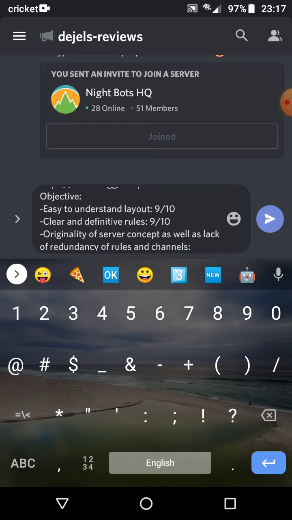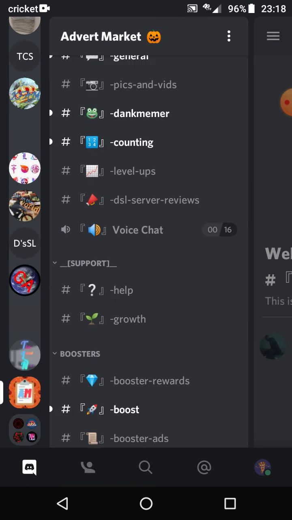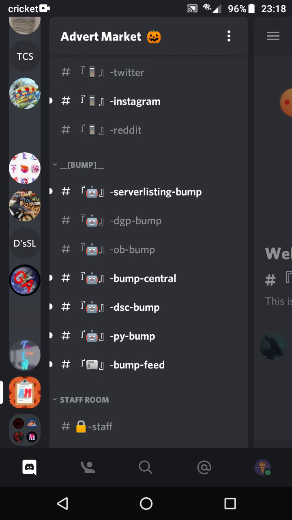Originality of server concept as well as lack of redundancy of rules and channels. Well, I don't really see much in the way of redundancy of channels, with the exception of there being 2 rule channels, which I don't think is needed. And honestly, I don't really see much unique about this server that a lot of other advertising servers don't also offer.